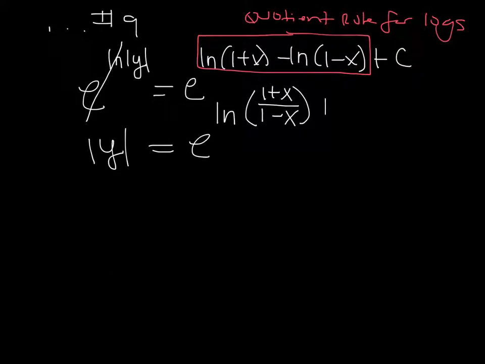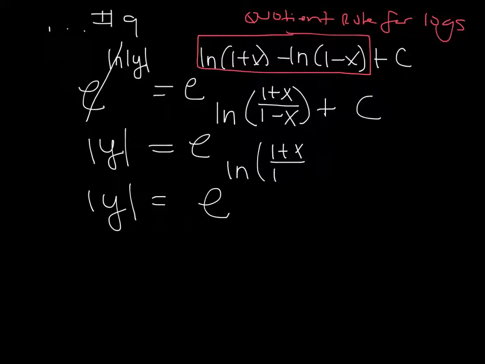And we still have our plus c, and I can break this up a little bit more. I can write e to the natural log of 1 plus x over 1 minus x times e to the c. The reason I rewrote it this way is because these have the same base, so we really add these exponents. So these are obviously equivalent.